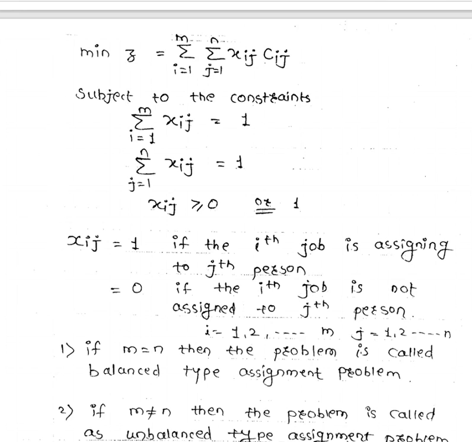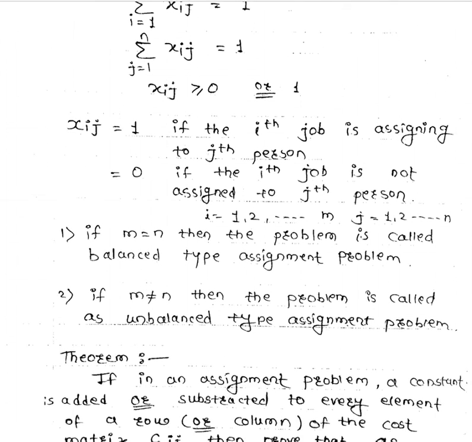Here we have to remember two cases. Case number 1, if m equals n, where m is the number of rows and n is the number of columns, then the problem is called a balanced type assignment problem.